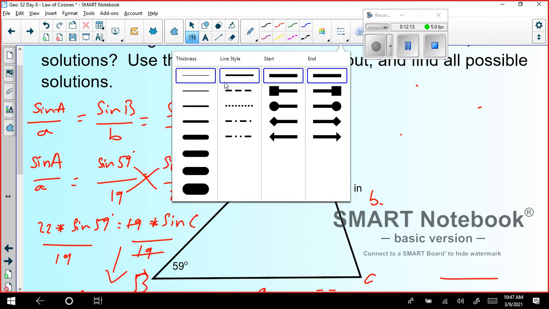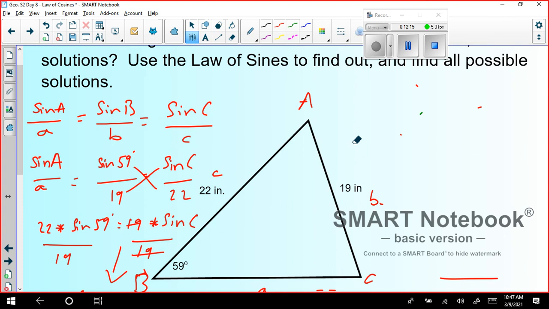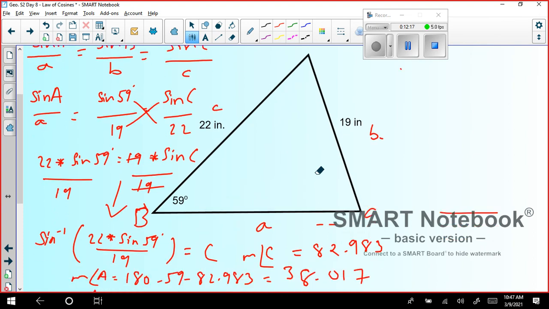To see the second solution, you don't have to go to the other part. Just here itself, the first angle that you found, C. Already A was given, B was given, sorry.